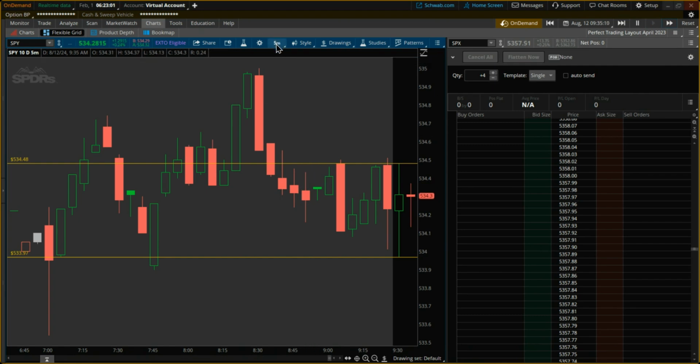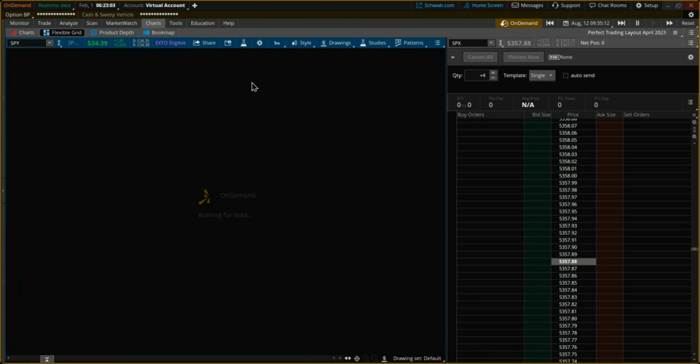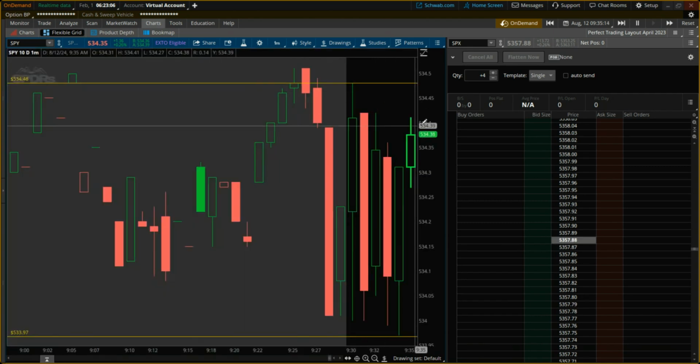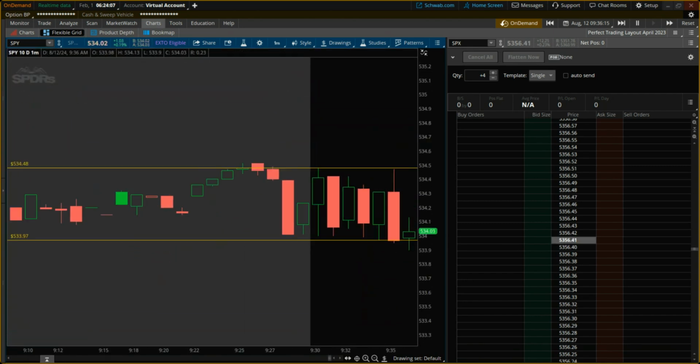I'm going to drop down to the 1 minute chart, and now I'm going to watch this on the 1 minute. We're just waiting for the candle to break out. I'll just wait for that to happen. There's nothing to do but to wait.